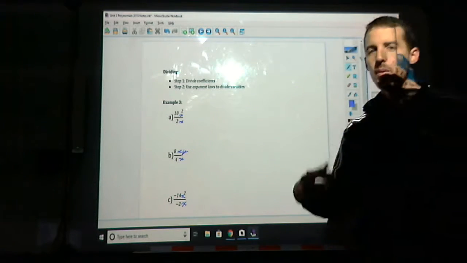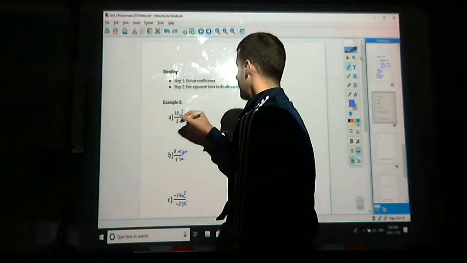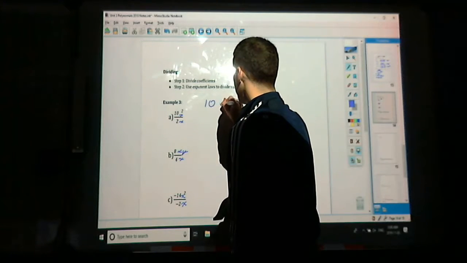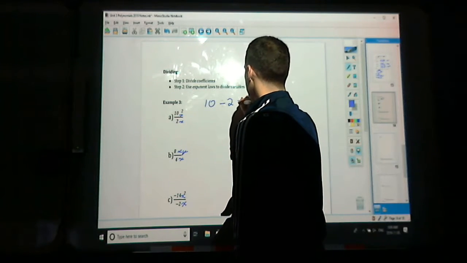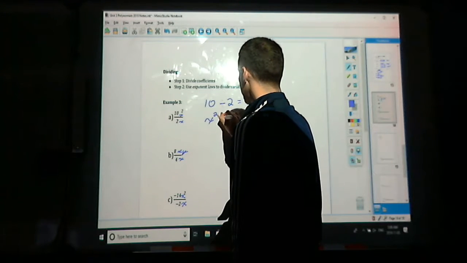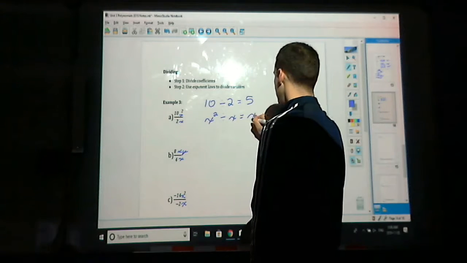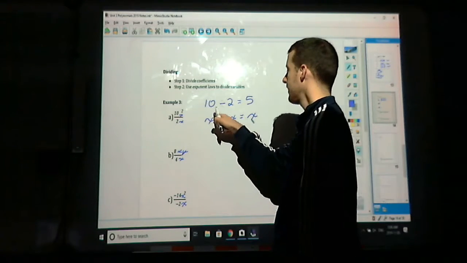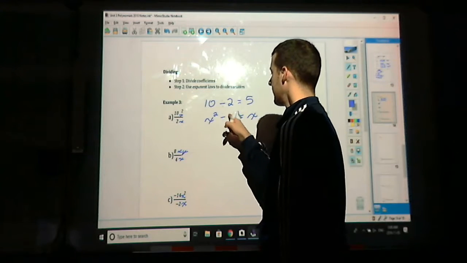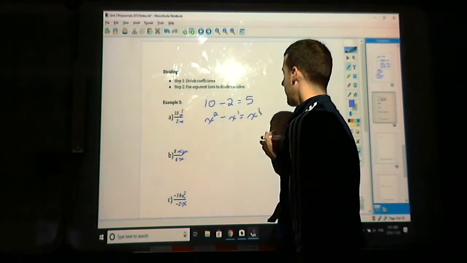So here, almost the same thing as multiplying, but now we're dividing. Here we go: 10 divided by 2 is 5, and x squared divided by x is equal to x, because if we're dividing, we subtract our exponents. So 2 minus 1 is x to the power of 1.